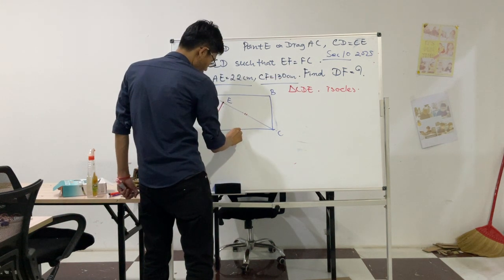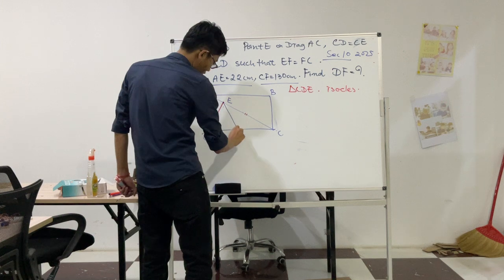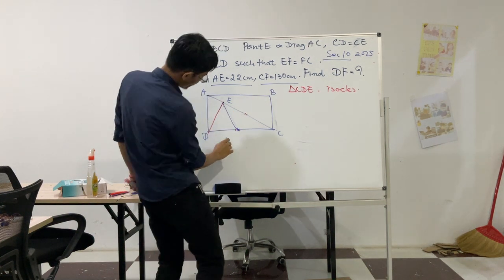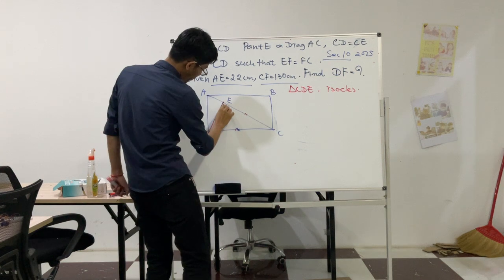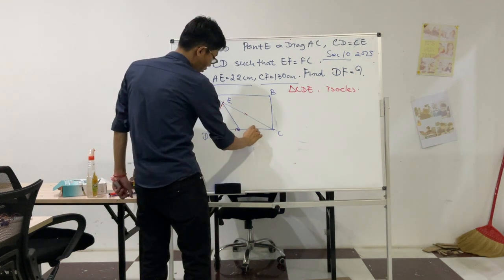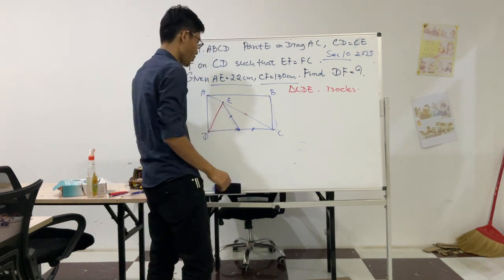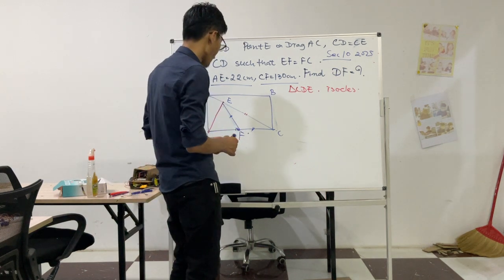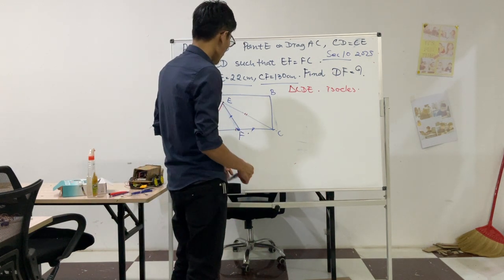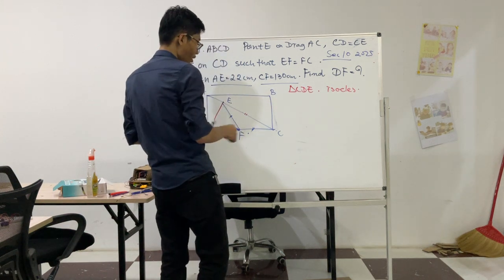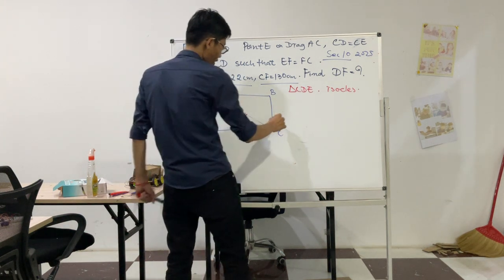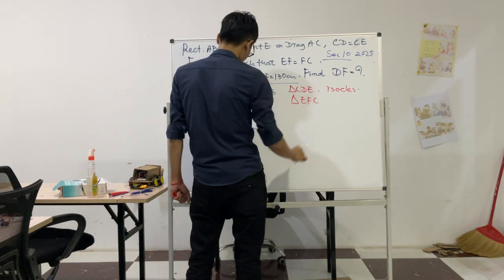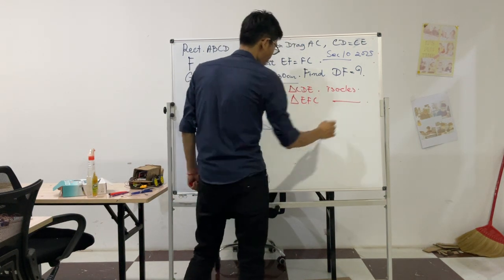So maybe somewhere here. This much, that's okay, you can prove that. So these two are equal, and this is F. It also means we can conclude that triangle EFC here is also isosceles.